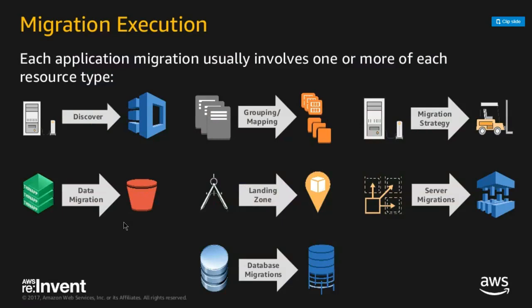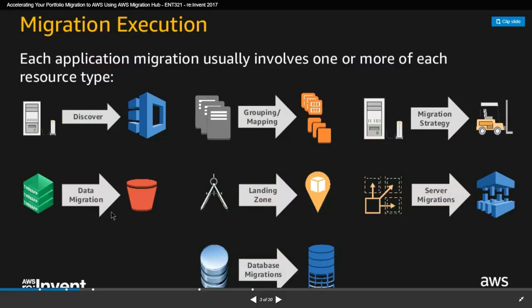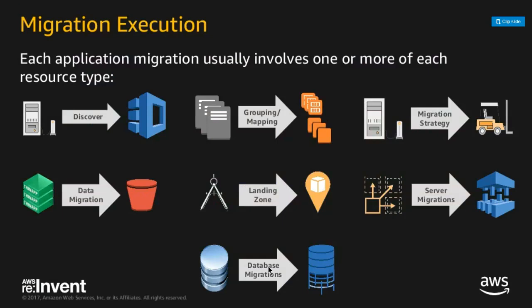Or if you're working with the procurement team, a lot of invoices that they have scanned. He will see where the data will go. Otherwise he's still in the center, and when he looks at the bottom, he will see, okay, is it database migration? So there are three strategies available: server migration, database migration, and data migration.